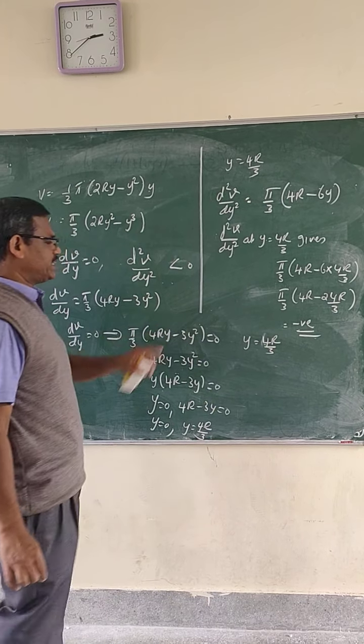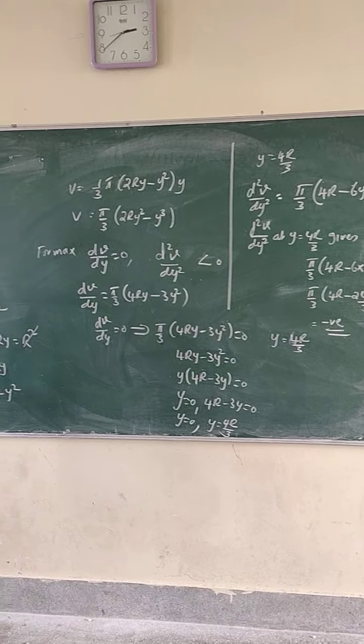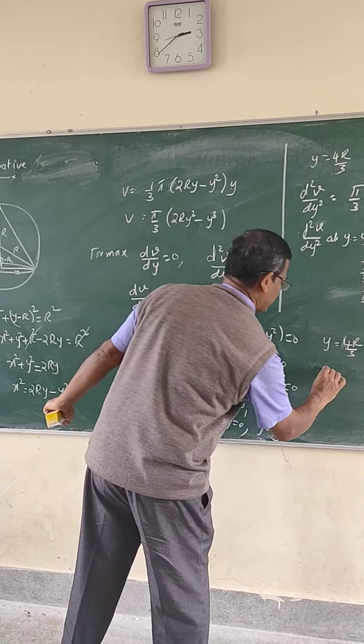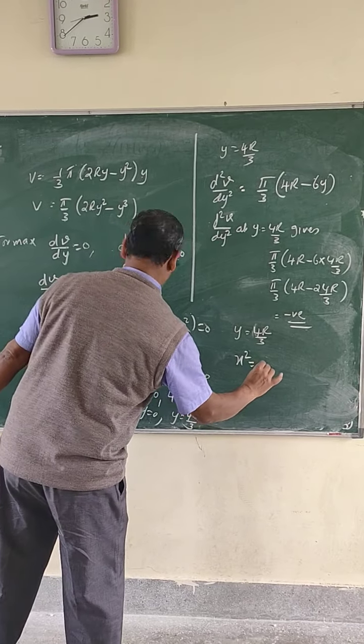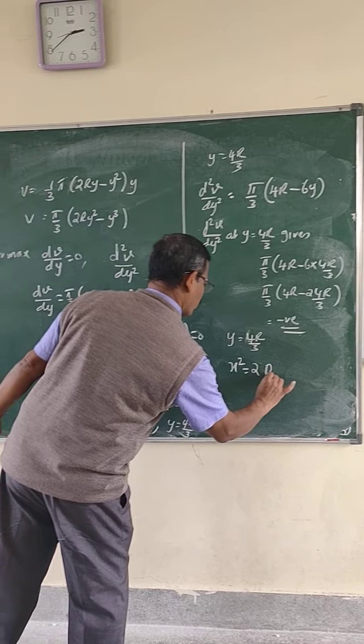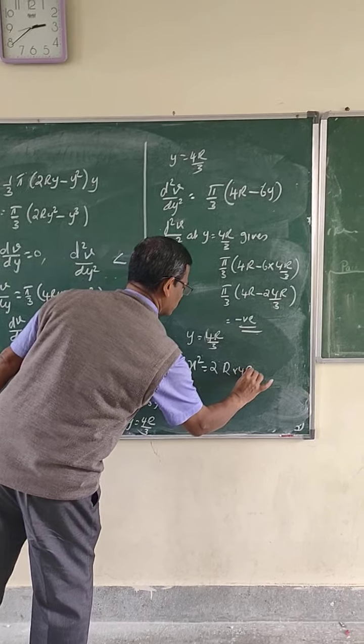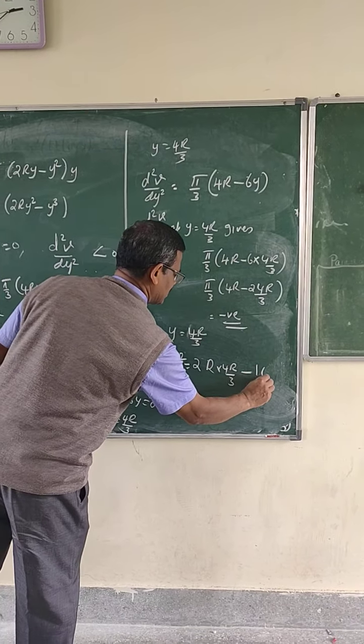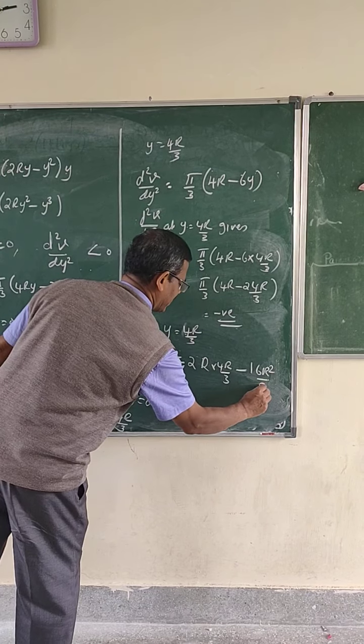And for y is equal to 4r by 3, what is the value of x? We have x square here. So x square is equal to 2ry minus y square, that is 2r into 4r by 3 minus 16r square divided by 9.